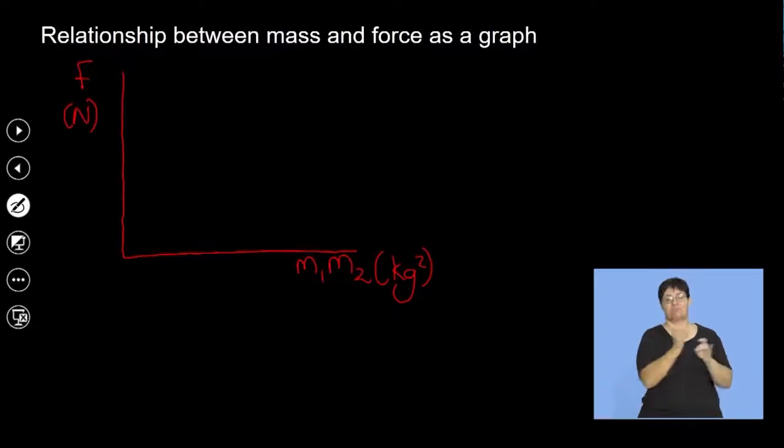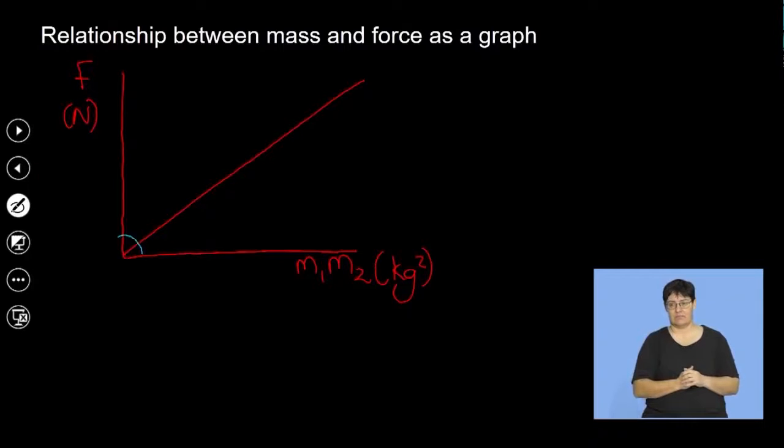When we do this as an experiment, all your points don't always fit nicely on the graph. So we draw a line of best fit. This line goes through the origin. It gets drawn like that, a straight line.